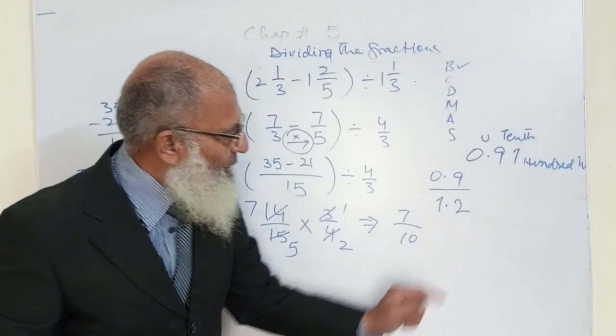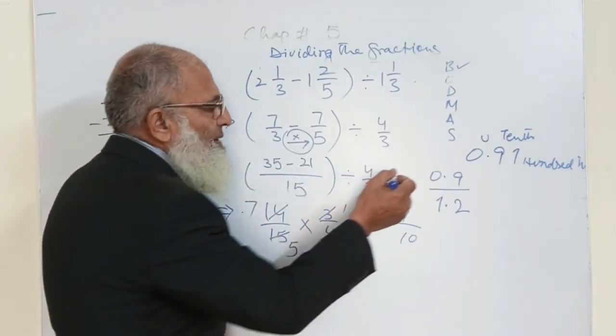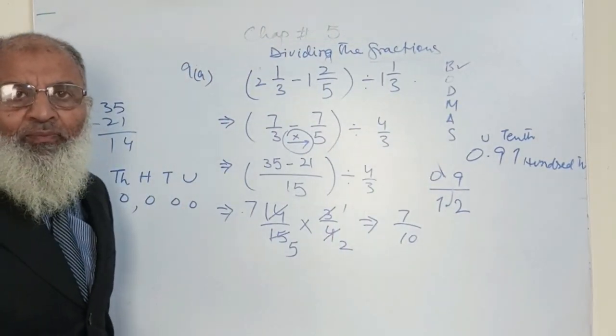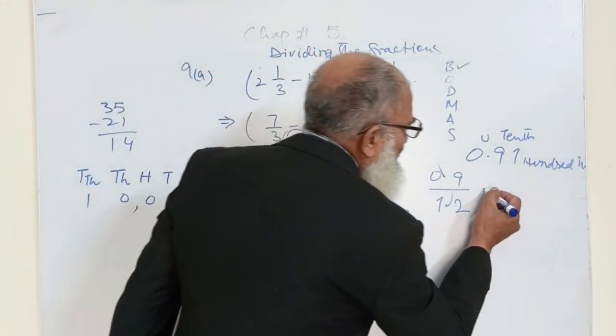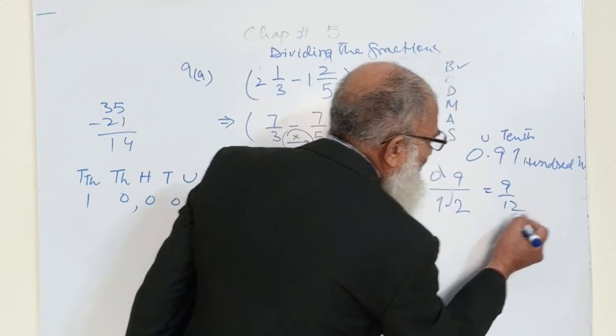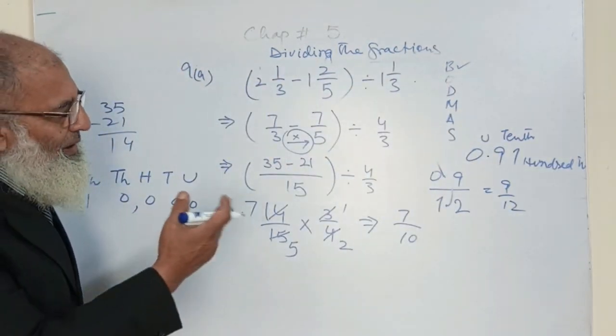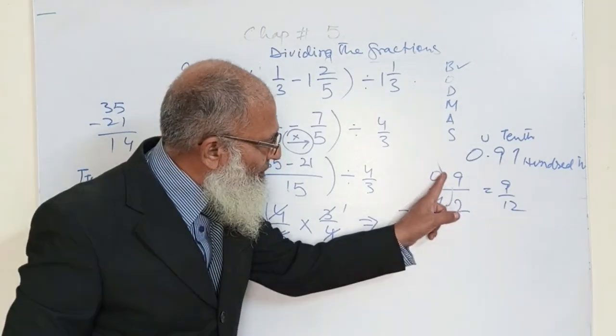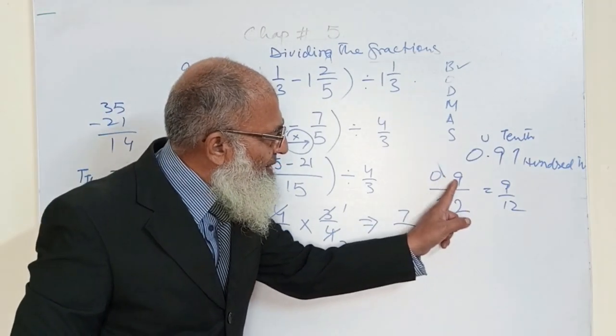Here again is one decimal place. You can just do it like this. Now your fraction will become like this. It is very easy, only when you have the decimal at the same places.